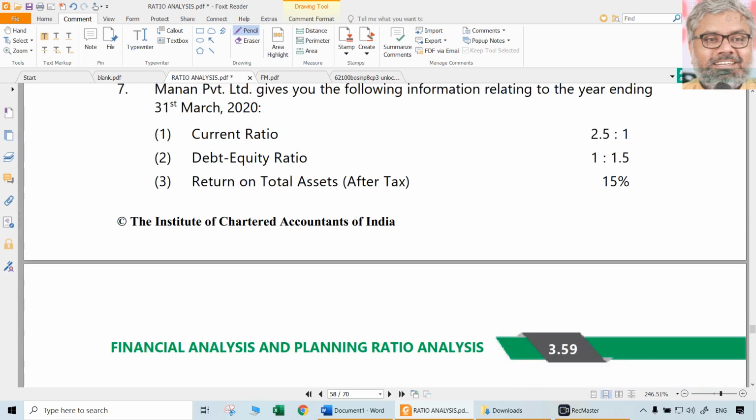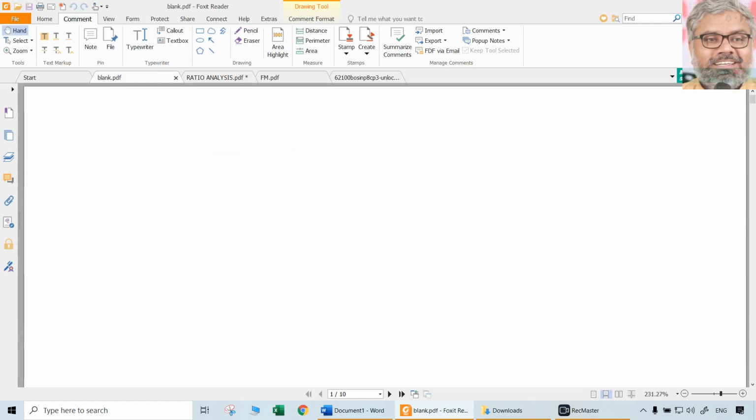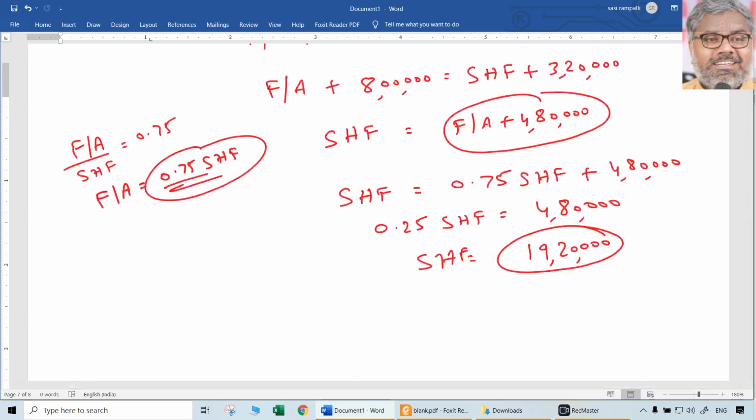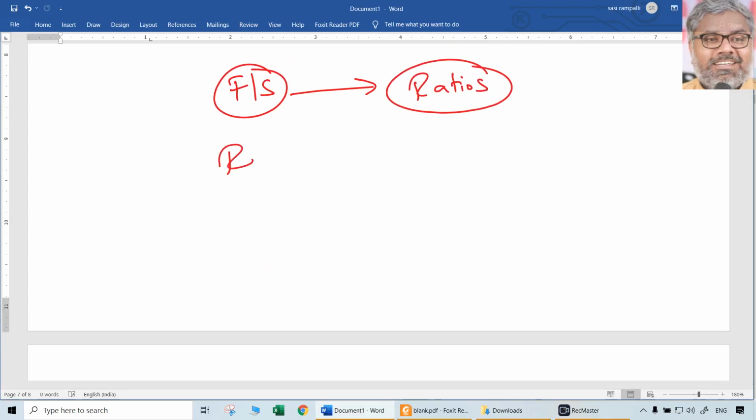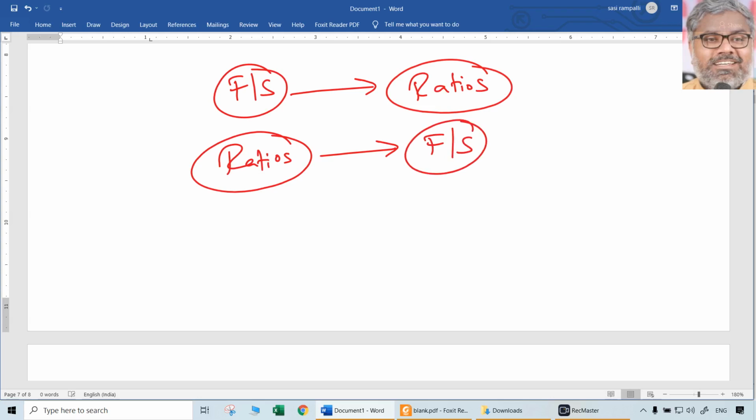But the model of operating, as I told earlier, can be broadly three categories. One, there is financial statements, and from those financial statements, you have to find out ratios. That's what we did in the earlier session. Second, what we are doing now, ratios are given. You have to prepare financial statements, generally balance sheet, sometimes both P&L and balance sheet.